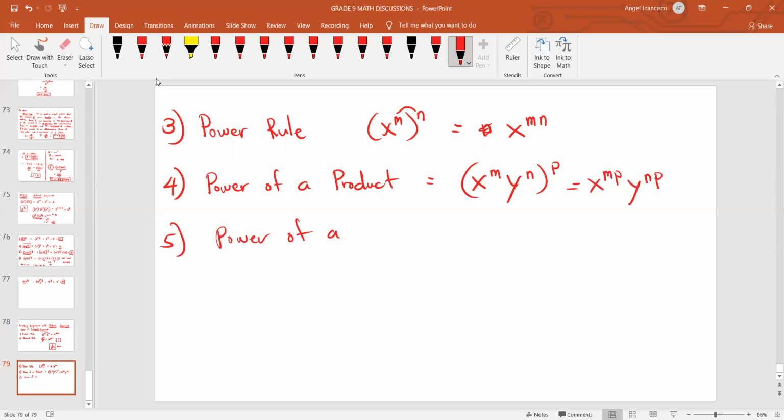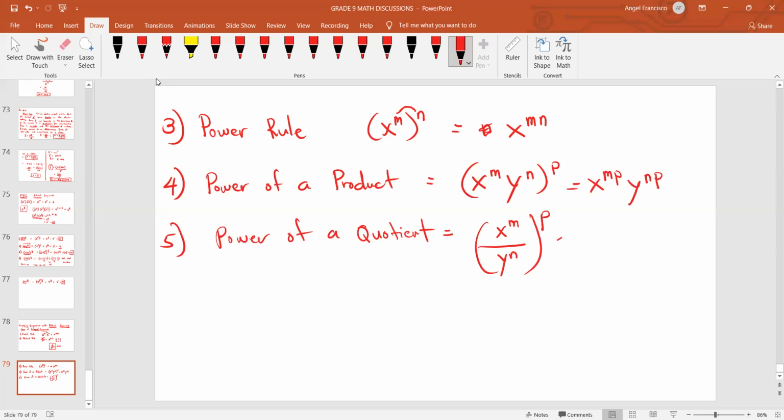Okay? Number 5, power of a quotient. X to the m power all over y to the n power raised to the power of p.